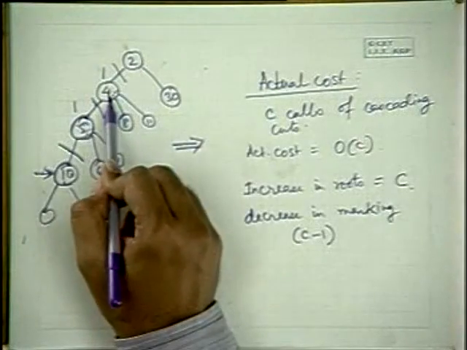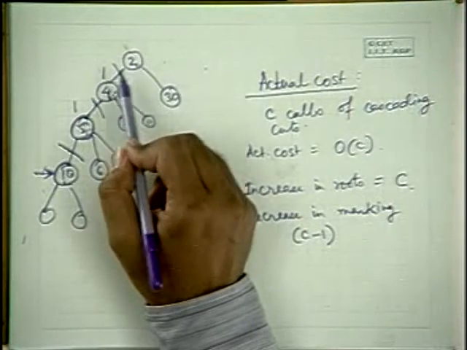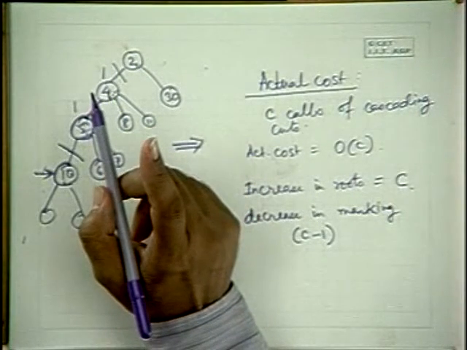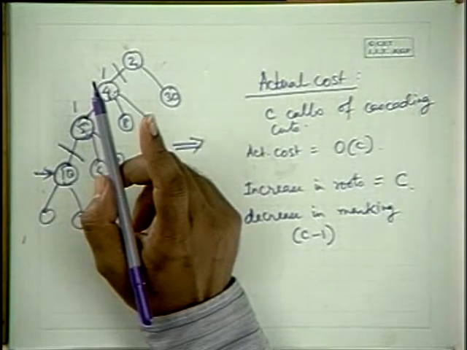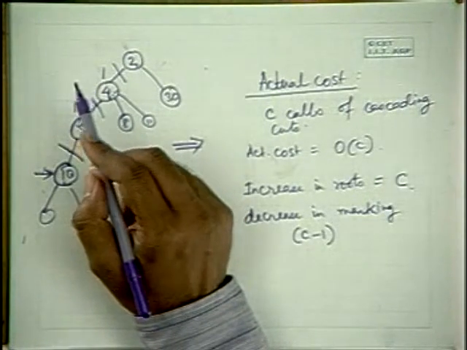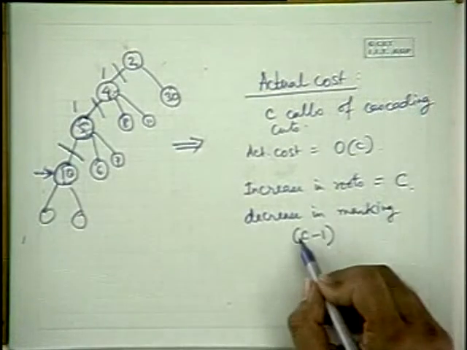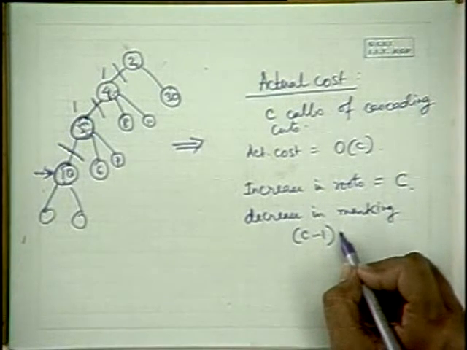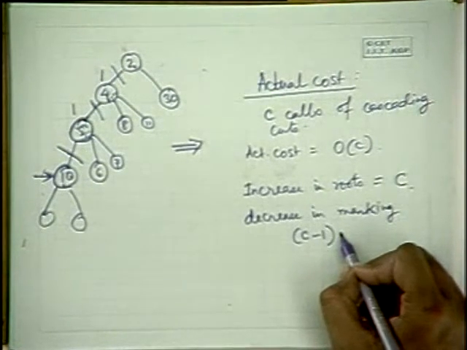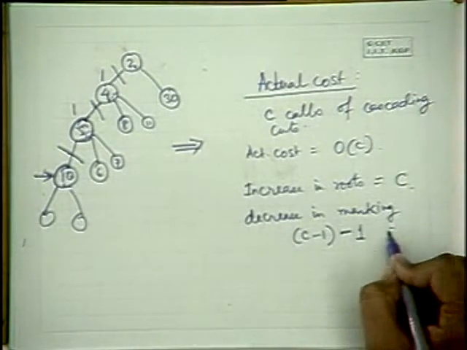When 4 is lost, 2 will be marked probably. So you have increased marking by 1. Previously it was not there, now there is 1. So the decrease in marking is C minus 1, and the total decrease is C minus 2.